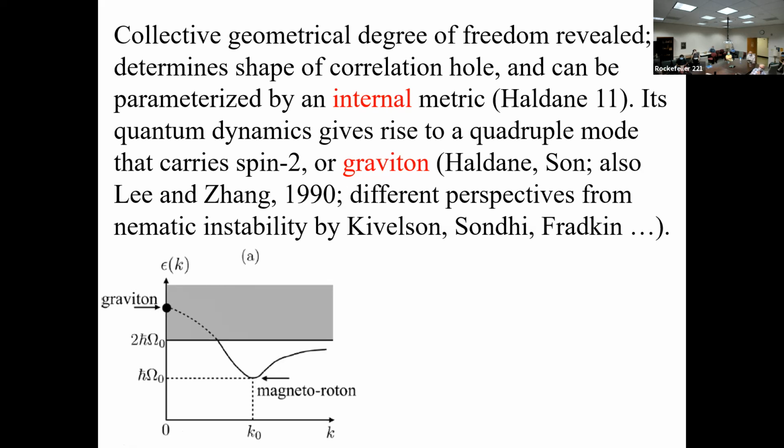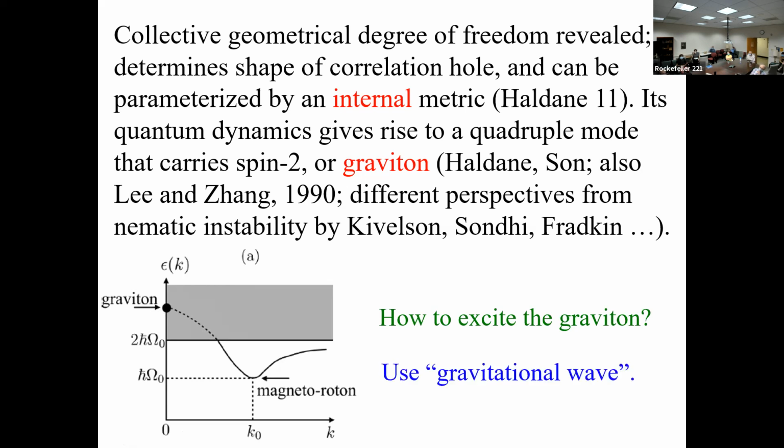So obviously, we cannot use a standard cyclotron resonance type of measurement, which basically tries to use a single photon to excite it, because there's a mismatch of quantum number. A photon carries angular momentum 1, but this carries angular momentum 2. So if you cannot use electromagnetic waves or photons to excite the gravitons, what can you do? Well, the obvious answer is to use gravitational waves, well, of course, in quotation marks. So we, of course, all know these days we have a gravitational wave propagating through the room.